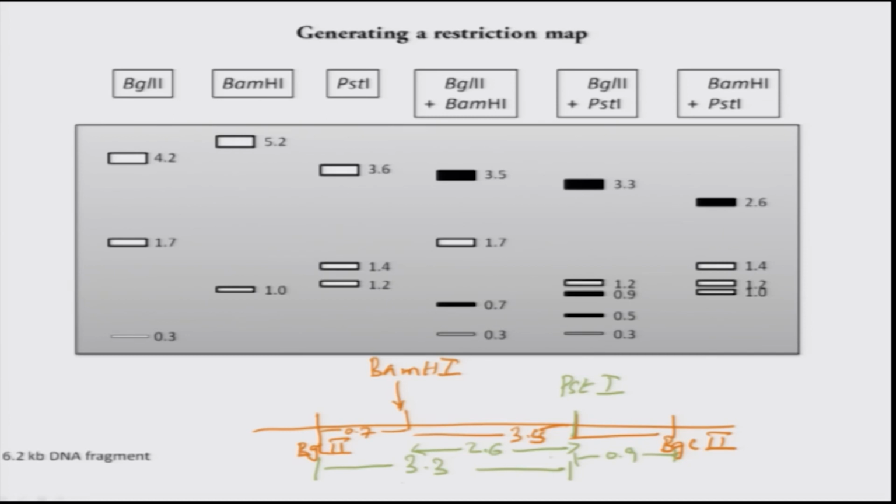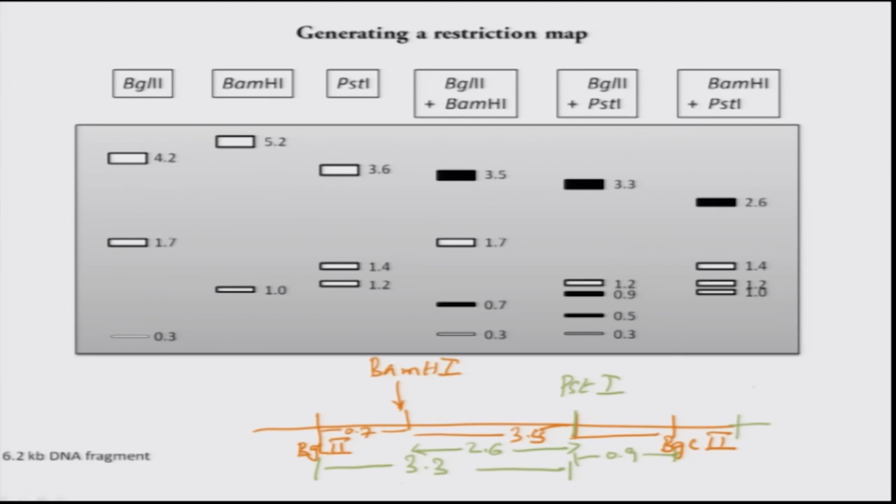So what is left now? There is another band of 0.5 kb in the BGL2 PST1 digestion, and that means there is another PST1 site, and it should be on the other side of BGL1 hopefully.